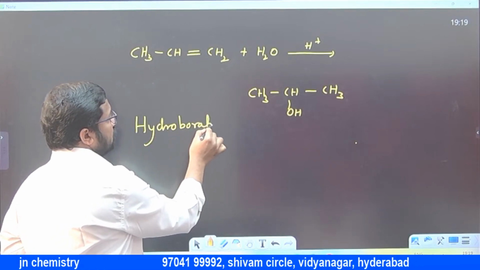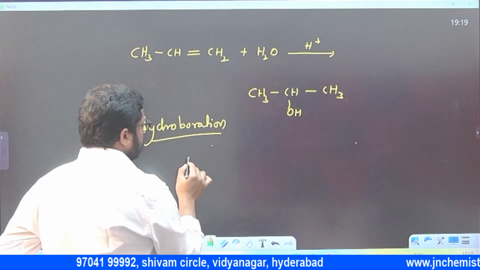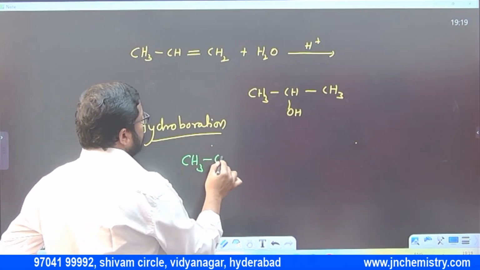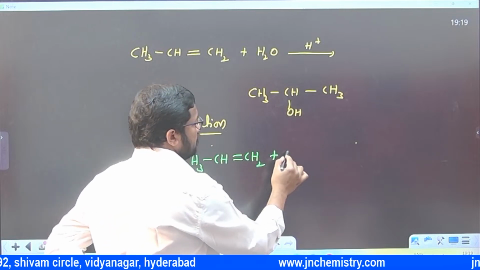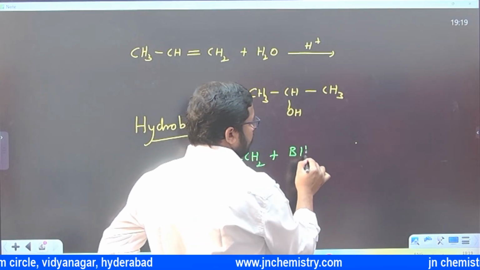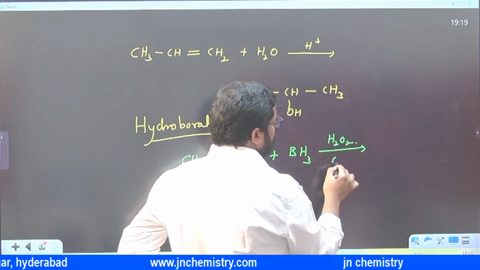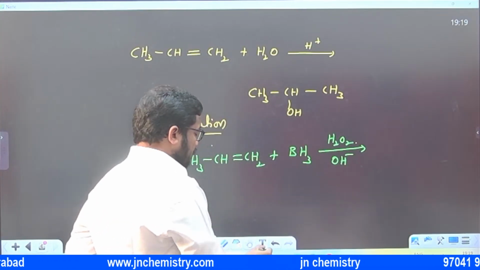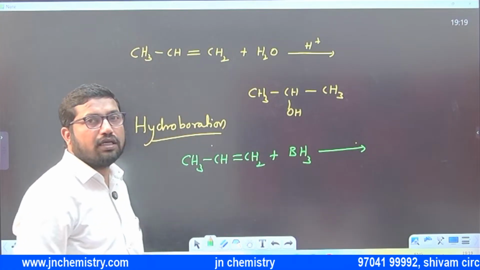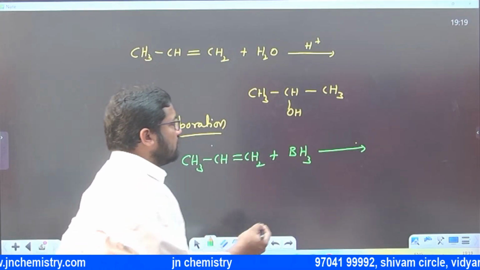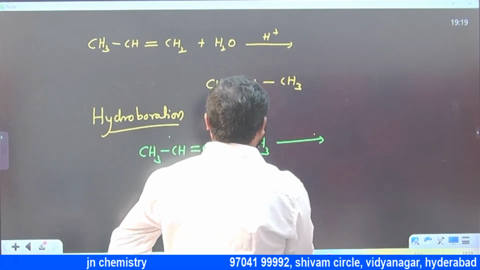Write it down: CH3CH=CH2 plus BH3, then H2O2, OH minus, otherwise we do it in the second step. Non-classical carbocation is forming here, I'll explain the mechanism, but first write it down. Three moles we will take here.